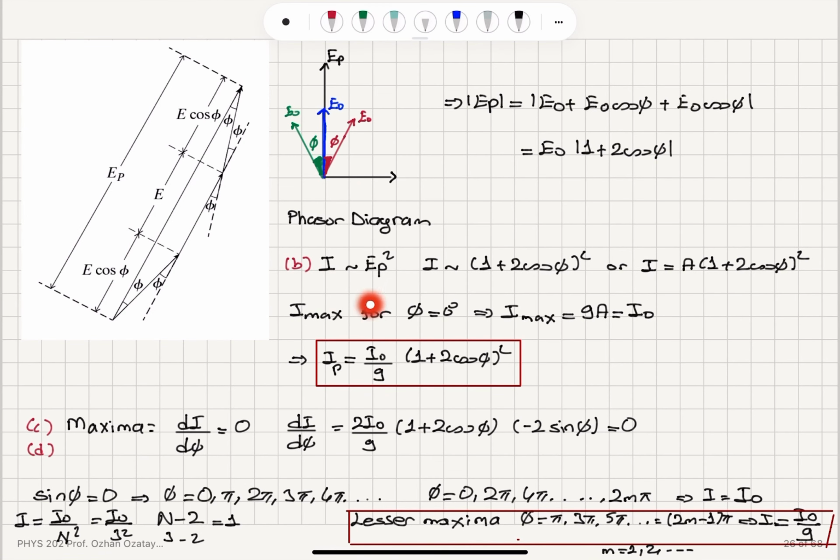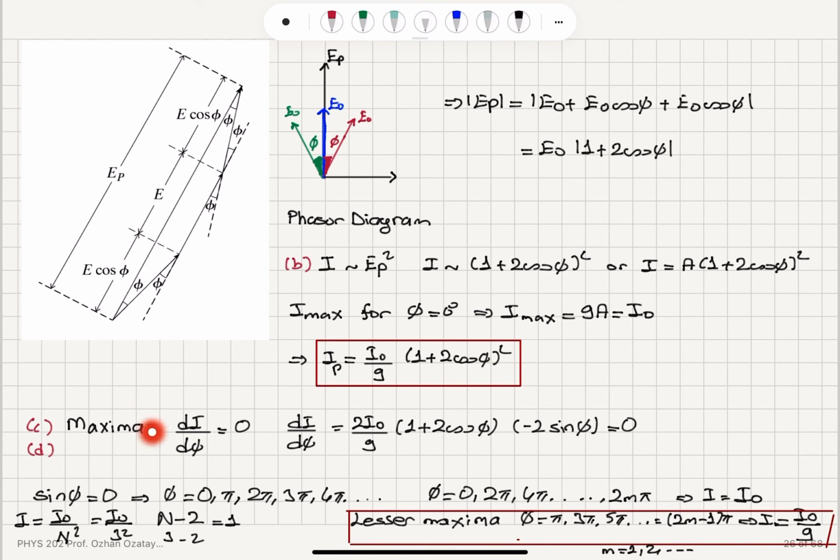The intensity is proportional to amplitude squared, so it's a constant multiplied by (1 plus 2 cosine phi) squared. For phi equal to 0, we obtain the maximum intensity, which is 9A. So maximum intensity I0 is 9A, and this constant A is I0 over 9, times (1 plus 2 cosine phi) squared.